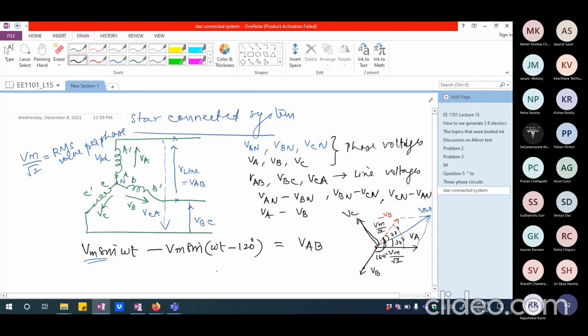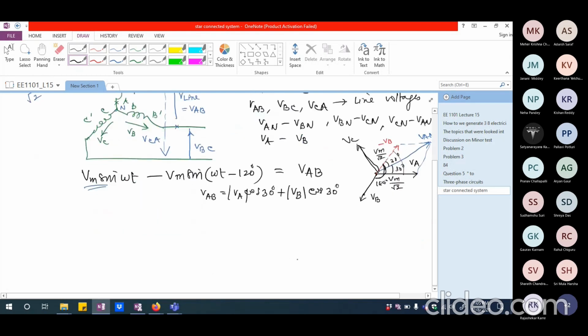So I can write this VAB as VA multiplied by cos of 30 plus VB multiplied by whatever is the magnitude multiplied by cos of 30. So cos 30 is root 3 by 2. So I am going to get this to be root 3 multiplied by VA or root 3 multiplied by VB.